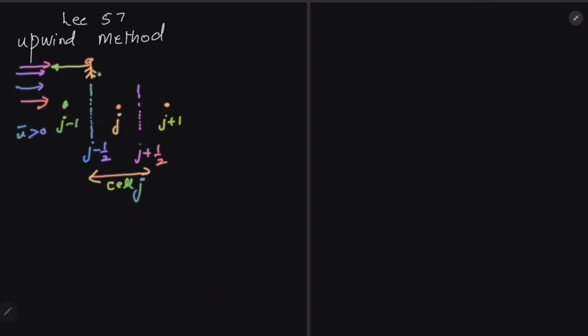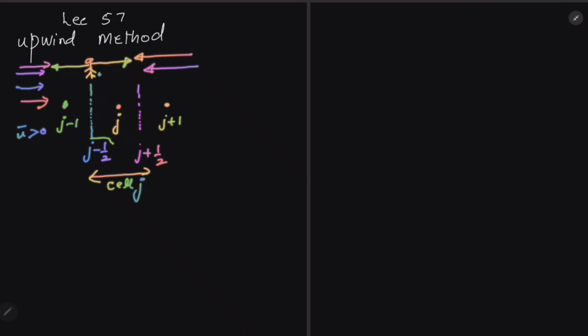If the speed is negative, from right to left, then you should focus on that side. So that is the one-sided operation in the upwind method. This is all the motivation of the upwind method.